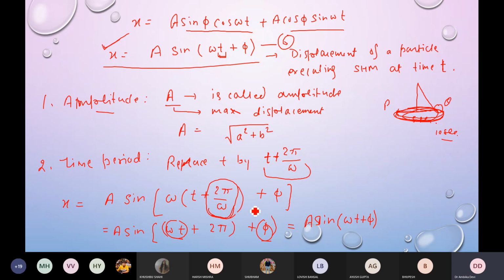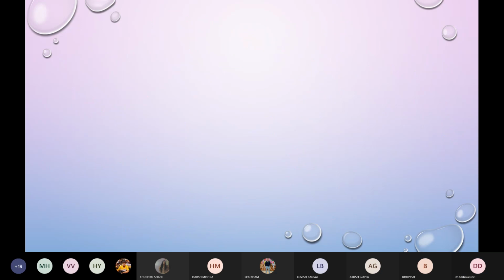So the motion is periodically repeating after 2 pi upon omega. Therefore, the time period of simple harmonic motion is equal to 2 pi upon omega.